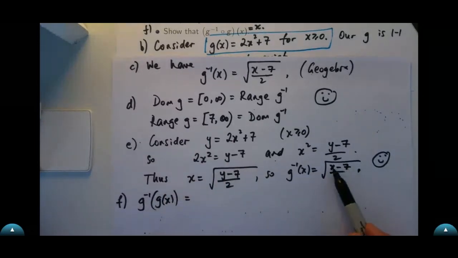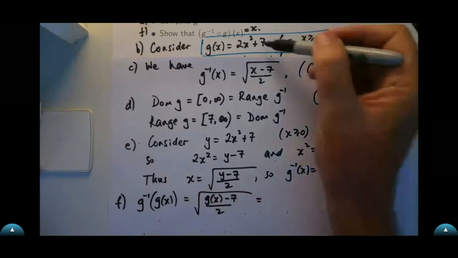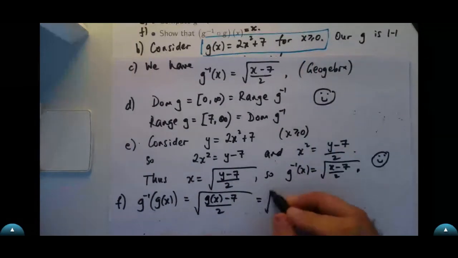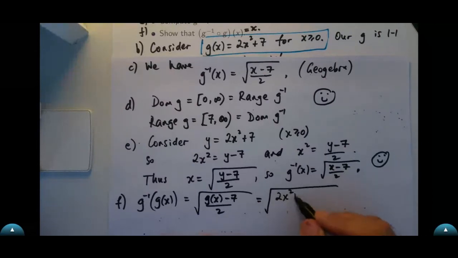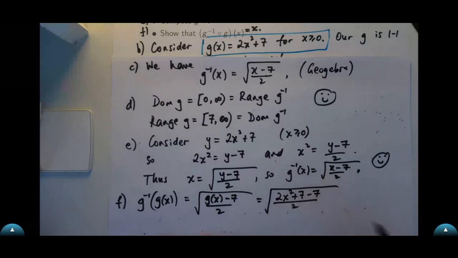So we want to replace that with g of x here. So our g of x is up here. So it's just a little bit of algebra. You can see the 7s are going to disappear.